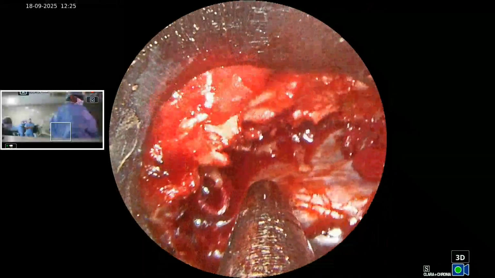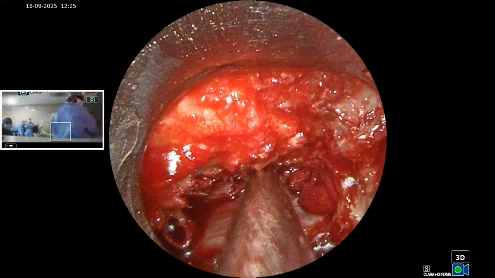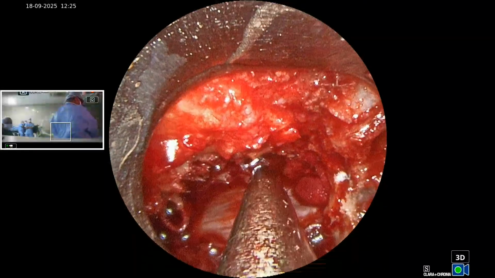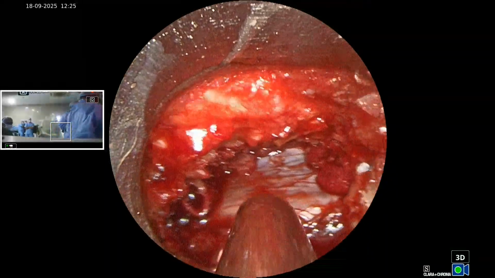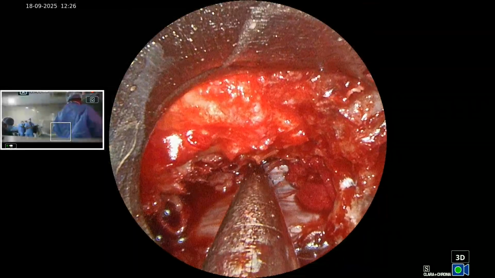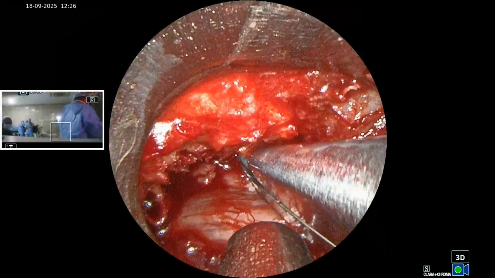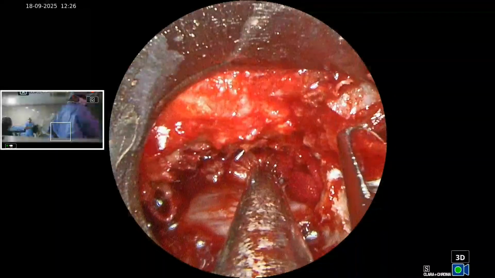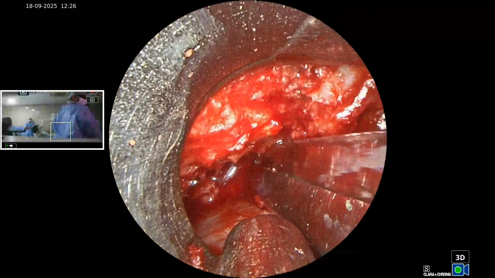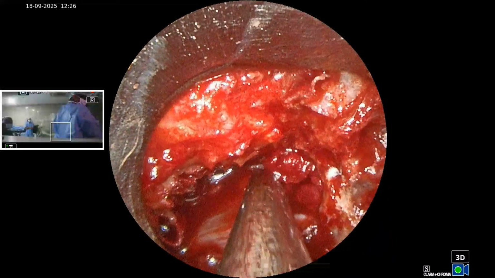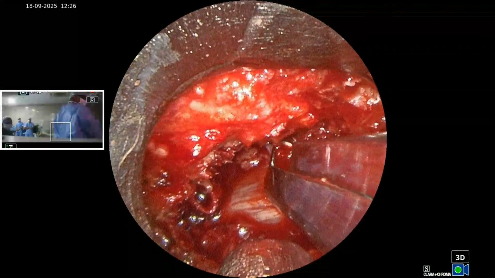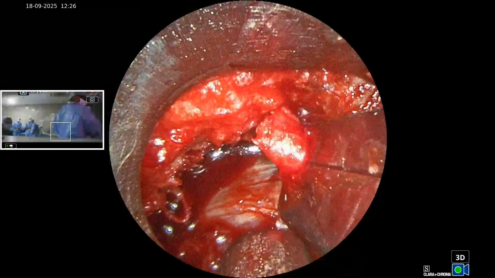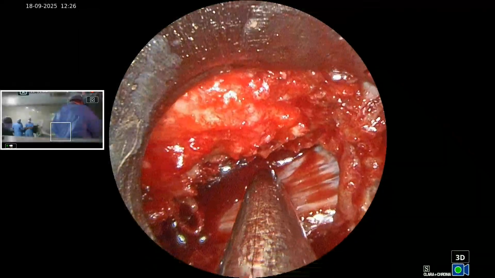Now this is my foramen. You can see the nerve root decompressed. I am towards the foramen. Okay.